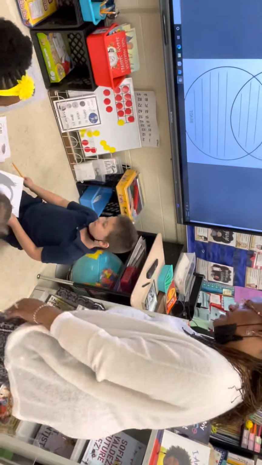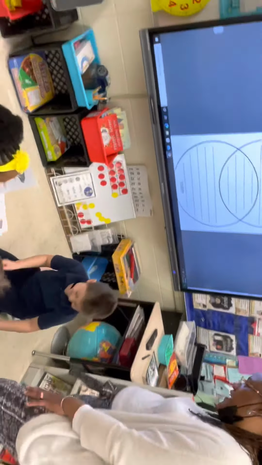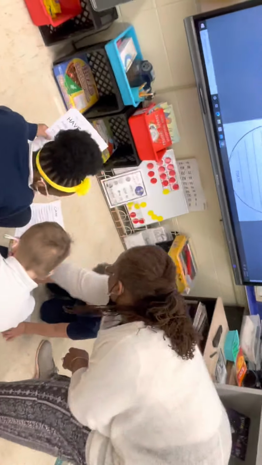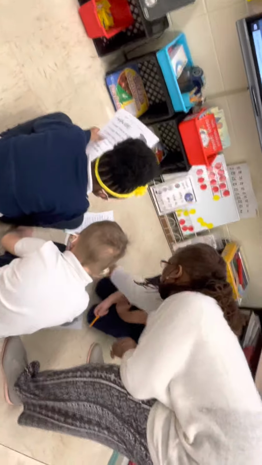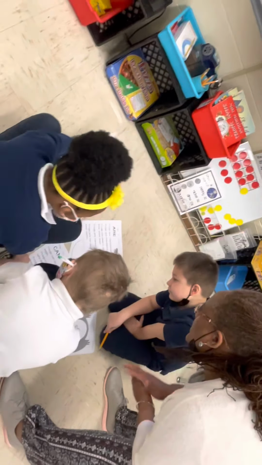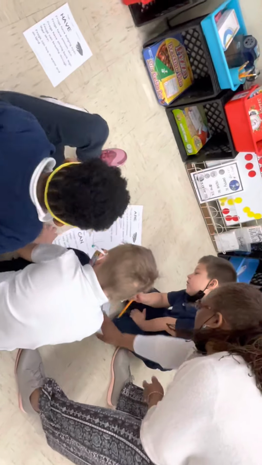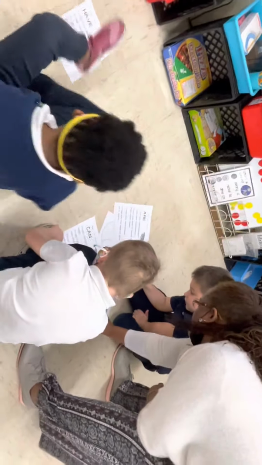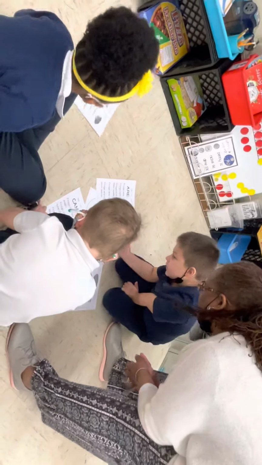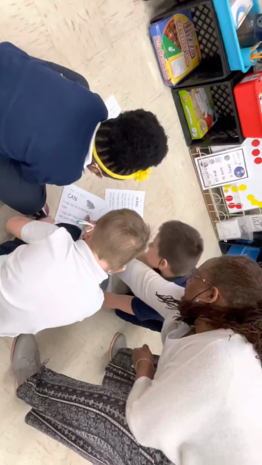Oh, so that's our information. Yeah, and then your information is already here. Look. That's nice. So let's figure out. Frogs can lay hundreds of eggs. So you want to put here, lay hundreds of eggs. Right here.